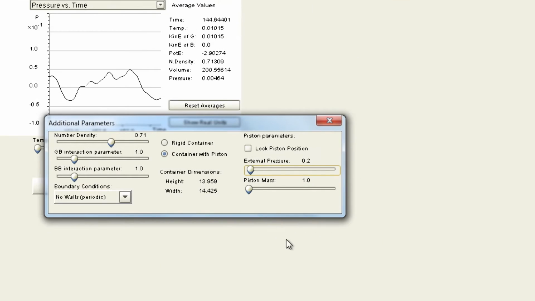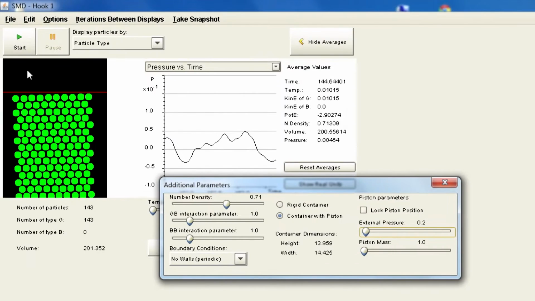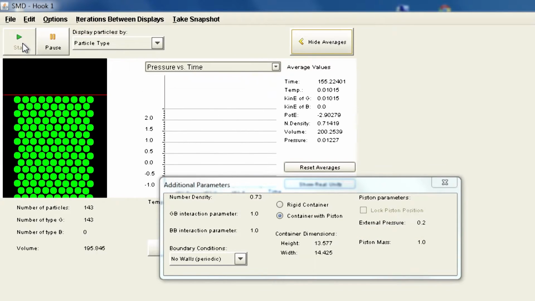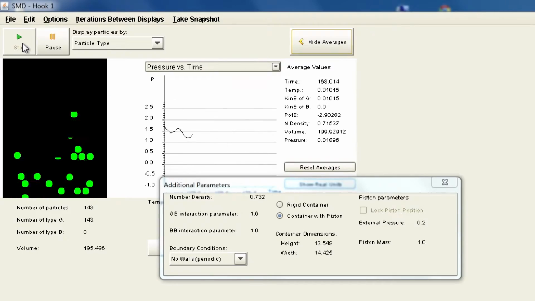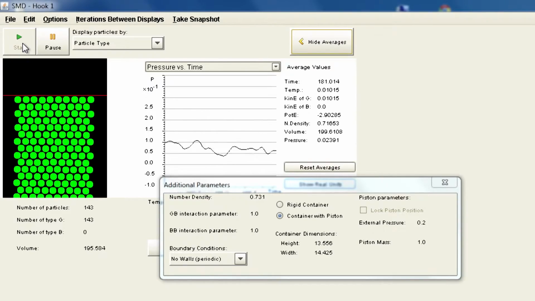Now I am increasing the stress, and I am also going to look at the strain. You can see that the system went down, like a spring. So, now we are able to create a stress strain curve.